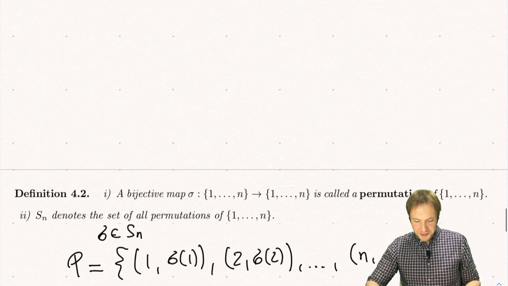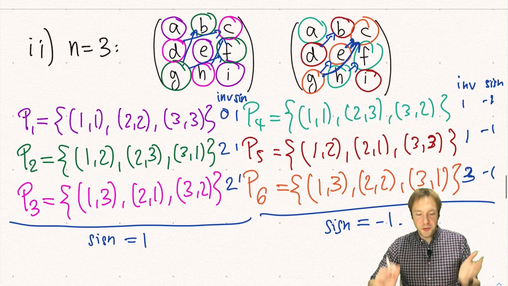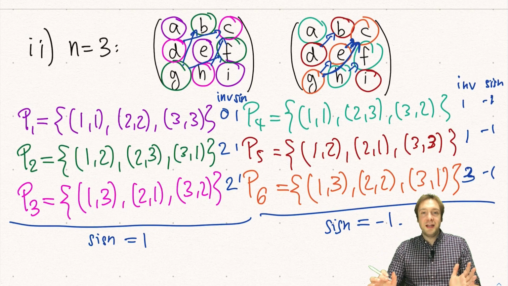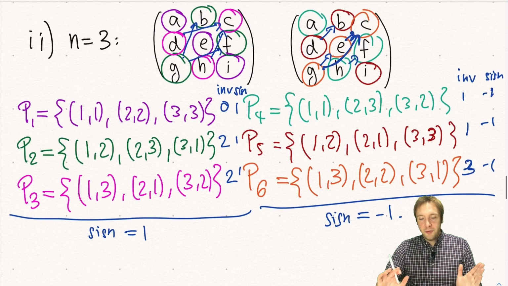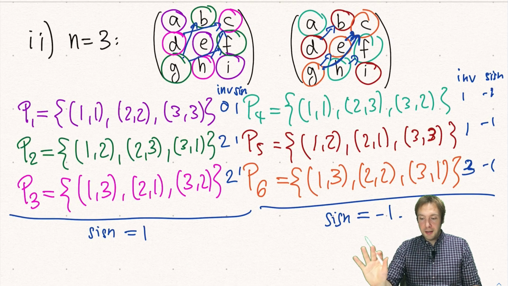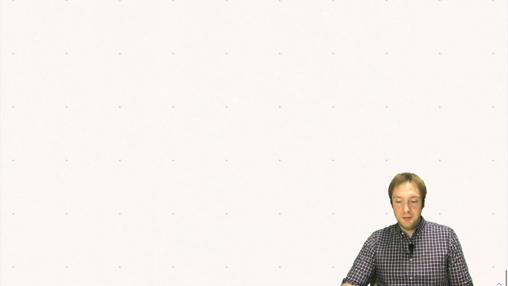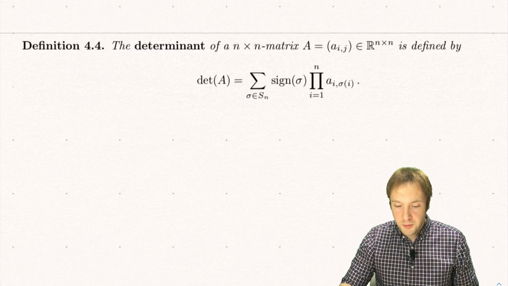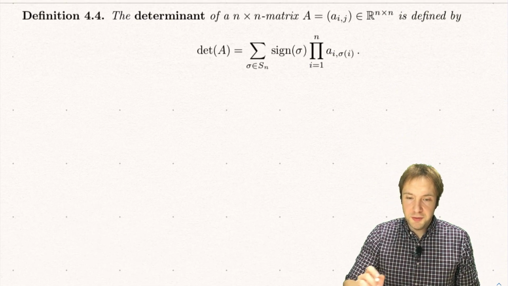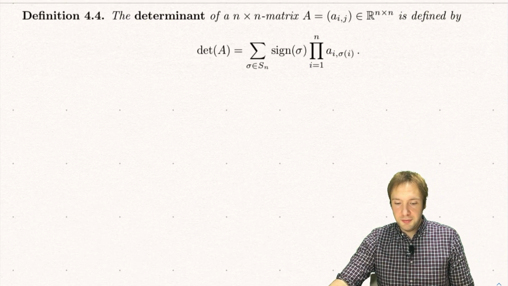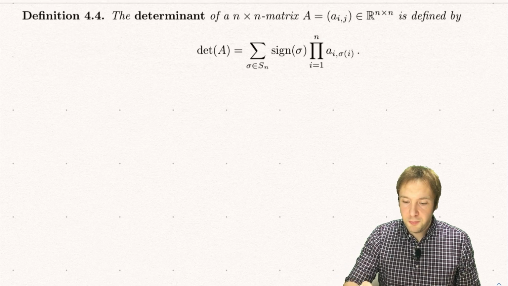Okay, so now we talked about patterns and permutations, which are basically the same. And for each of these permutations, we can assign a sign. And with this, we now can define the determinant of a matrix, because the determinant of a matrix is given by this formula here.